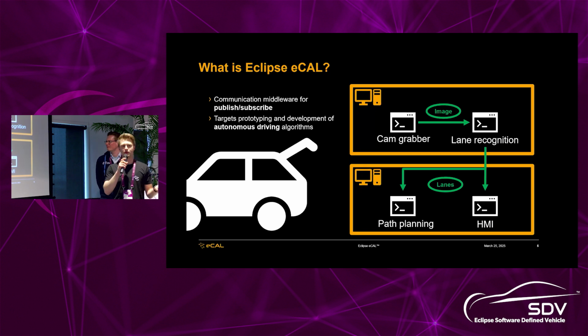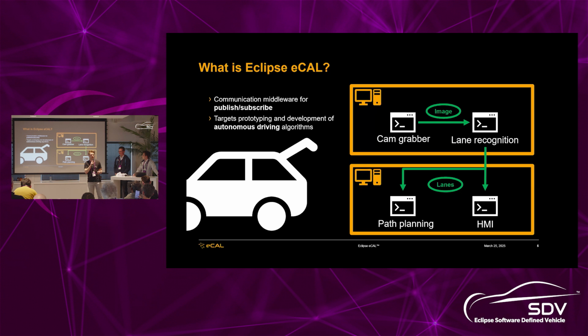The data, because the lane recognition would probably recognize some lanes, would then be published on another topic, probably called lanes, which would then be subscribed again by other applications and sent to a path planning for further computations and to an HMI, maybe for displaying it to the user. And again, eCAL would take care of the data transport. It would send it, in this case, via some network protocol where we have UDP and TCP available.